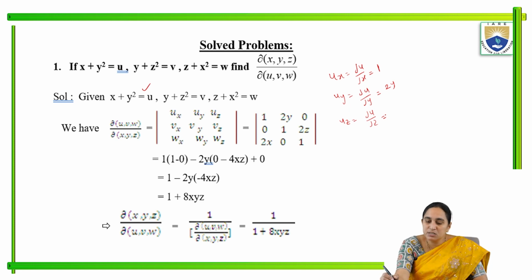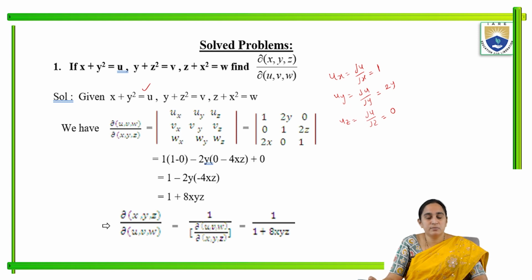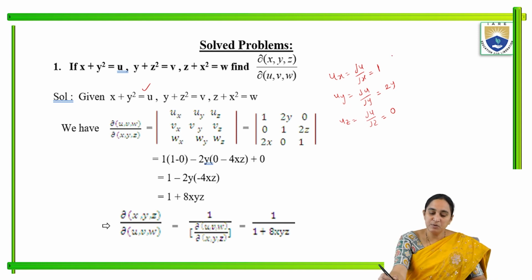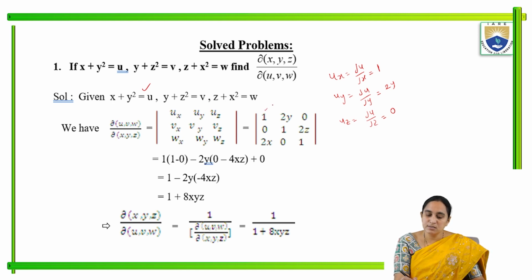The differentiation is directly 0, as there is no z term in the given function u. This is the first row of the formula: ux is equal to 1, uy is equal to 2y, and uz is equal to 0.